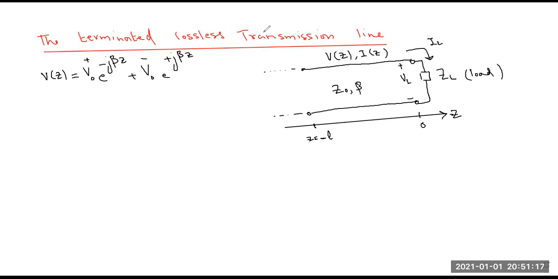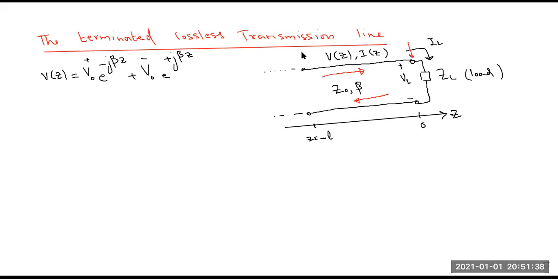So on this transmission line, as we have discussed before, there will be one wave traveling in this direction, and after reflection from this point, there may be some backward wave or reflected wave traveling in the negative z direction.